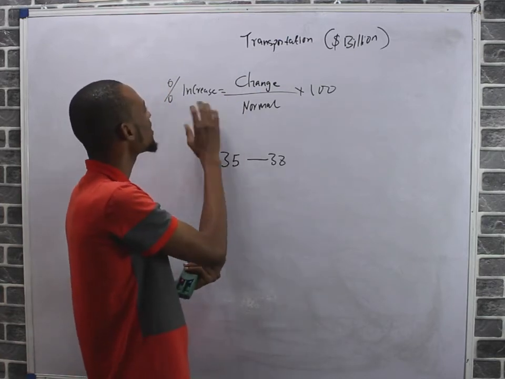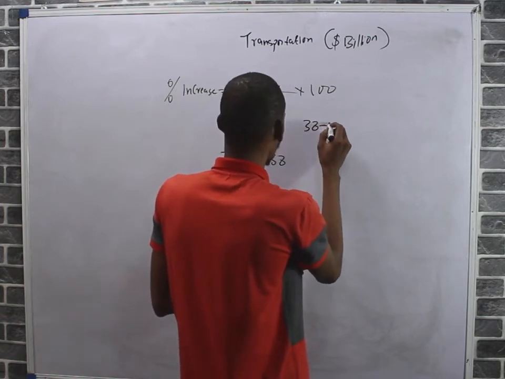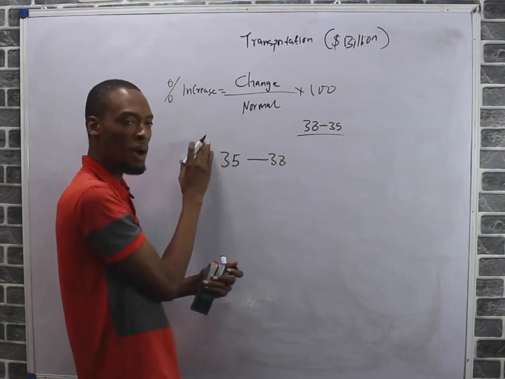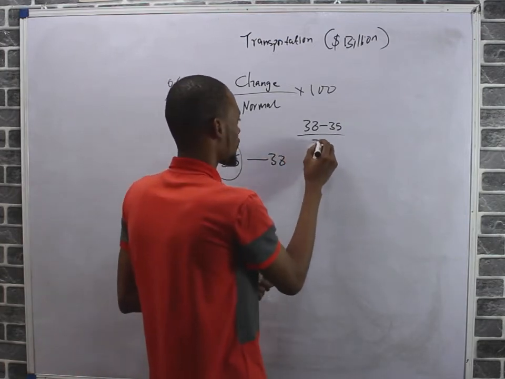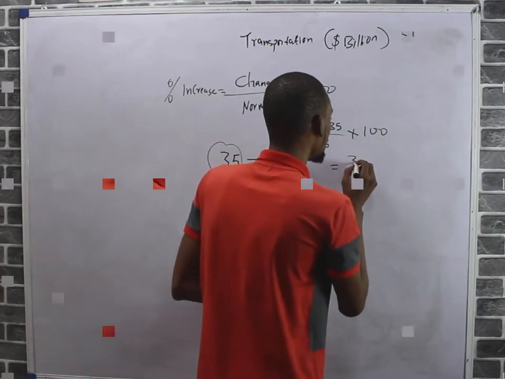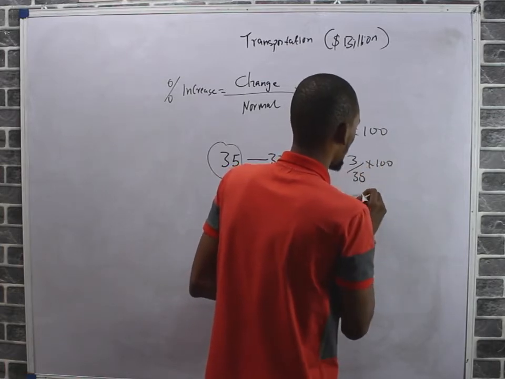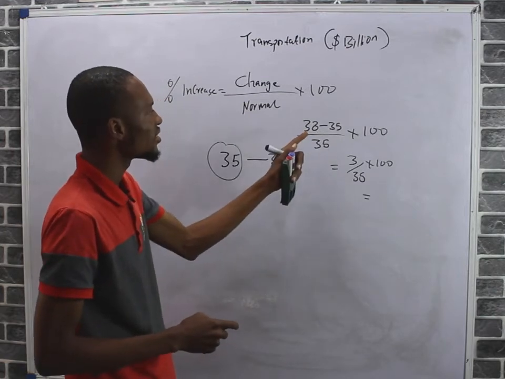The percentage increase will simply be the change, which is 38 minus 35, over the normal price or how it was before. The normal is 35, times 100. 3 over 35 times 100. This is the percentage change.